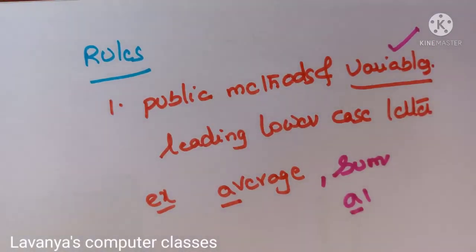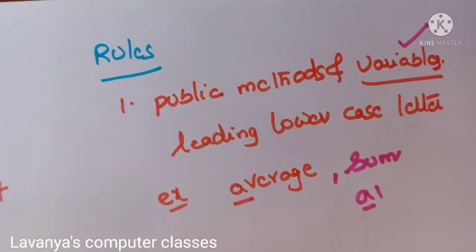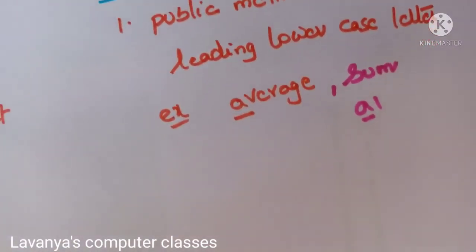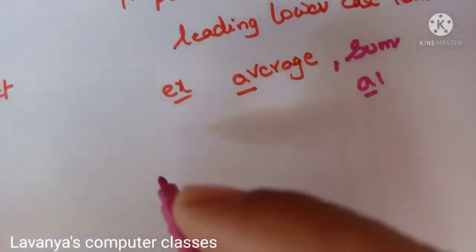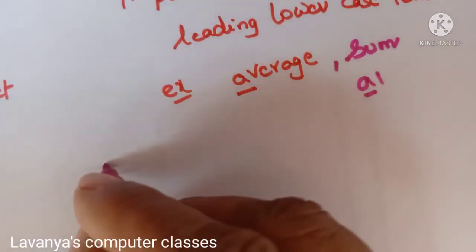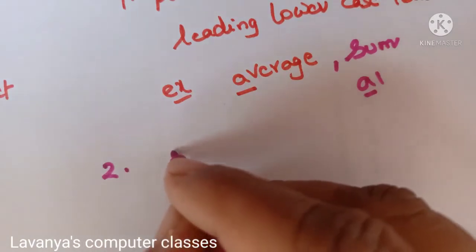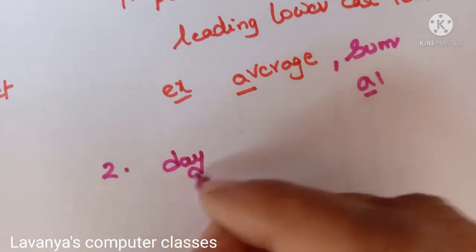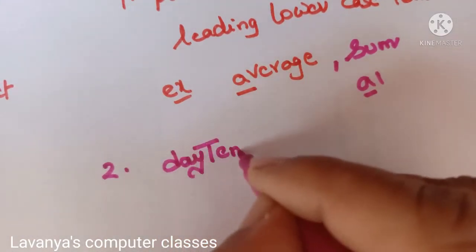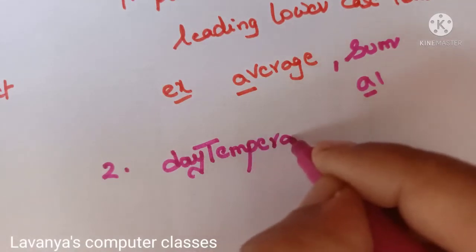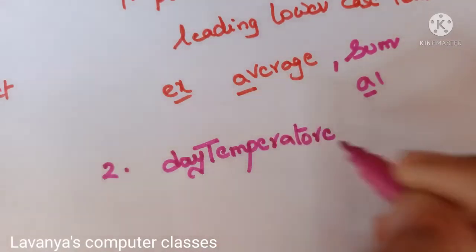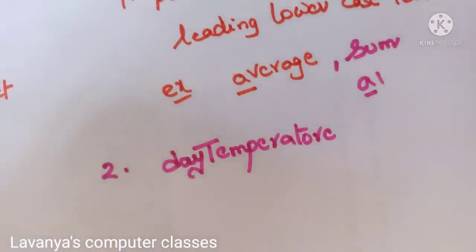And the second one is, whenever you want to use more than one word, the first character should be a small letter, but the second word's first character should be a capital letter. See, dayTemperature. Day temperature is a combination of two words, one is day, second one is temperature.